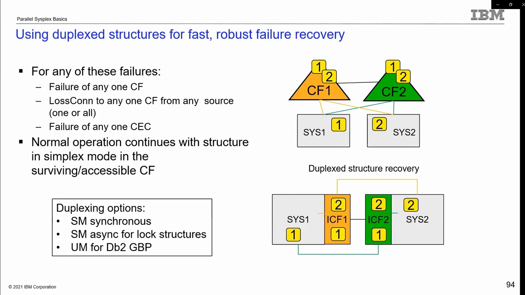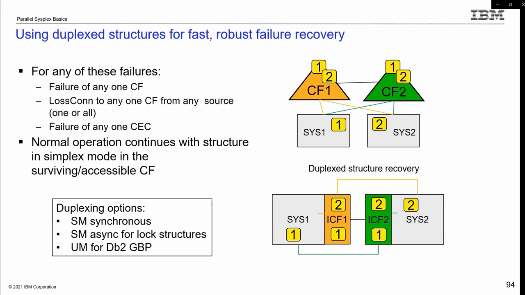So if CF2 goes down, for example, I still get the data off of 1. If CF1 goes down, I can still get the data off of 2. If the CEC that contains Sys1 goes down, if I restart that system, I can still gain access to that data from another system. So the bottom line is I can structure my configuration such that I can minimize recovery.